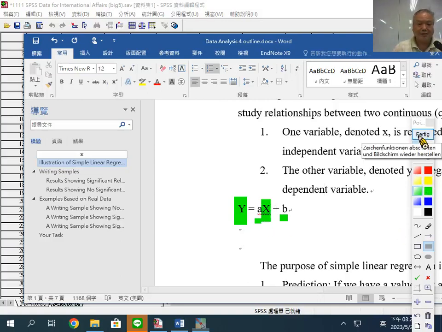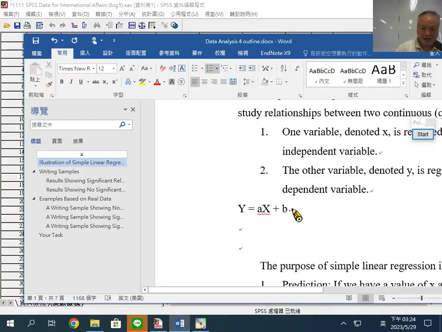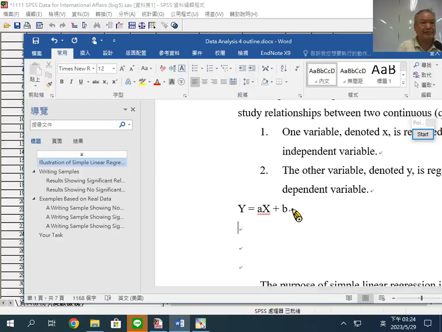But anyway, just remember, y equals ax plus b is something we try to produce using simple linear regression. Sometimes, of course, if you put two independent variables, then you would have something like this. That is, y equal to ax1 plus bx2 plus c. So you see, now we have two independent variables, right? So let me make this a little bit.